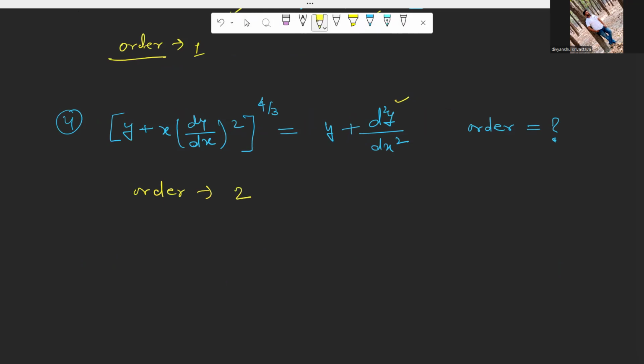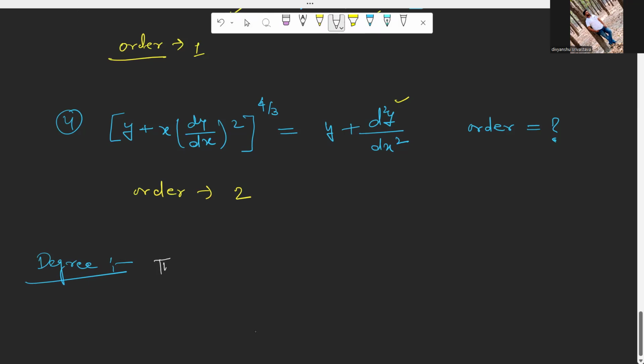Now come to the next part, which is your degree portion. So what is degree? Degree is nothing but the degree of the highest derivative which occurs in the differential equation after the differential equation has been made free from radicals and fractions.